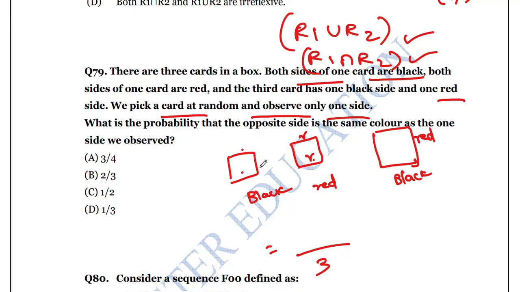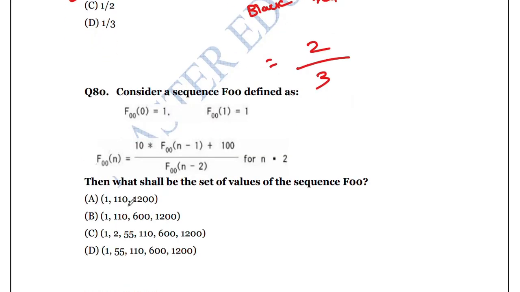So if I am taking a particular card, the front side is the same and the back side is also the same. So how many cards are there where front and back are the same? Black card has front black and back black, and the red card is there. So from the 3 cards I have 2 possibilities. So the option is B, 2 by 3 is the answer.